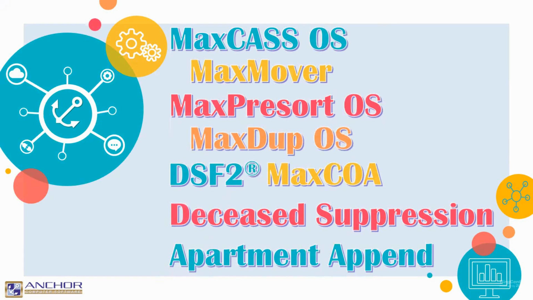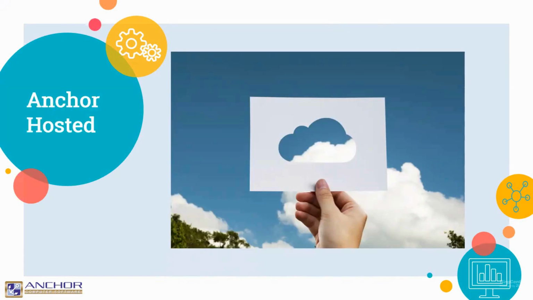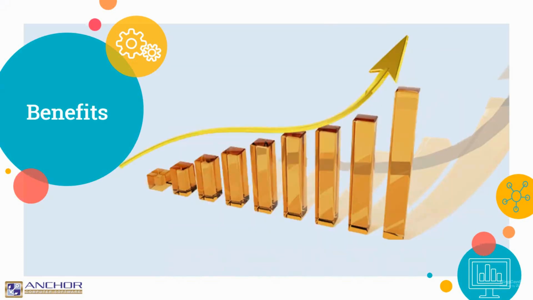So in today's presentation, what I'm going to be talking to you about is the benefits of using our cloud environment, but don't forget, AnchorConnect can be installed locally, within your environment, and behind your firewall. So let's get started on some of those benefits.